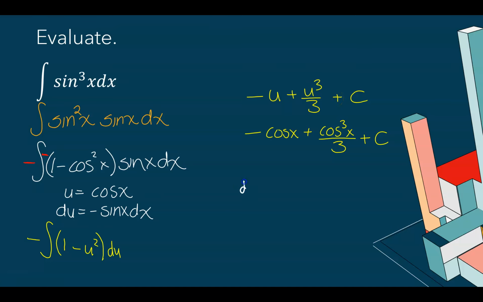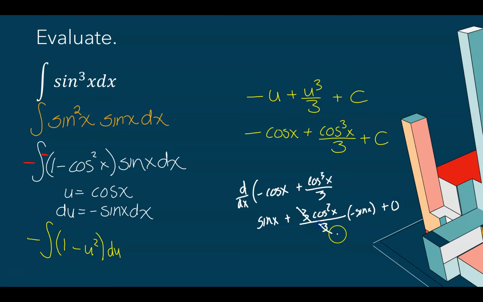And you can see if we did the derivative of negative cosine of x, we would get sine of x. If we did the derivative of cosine cubed x over 3, that would be 3 cosine squared over 3, chain rule times negative sine, plus 0.